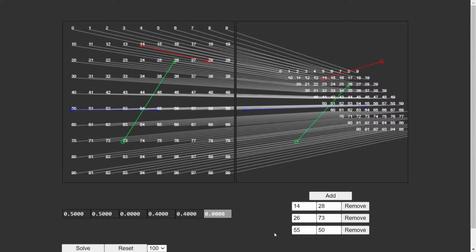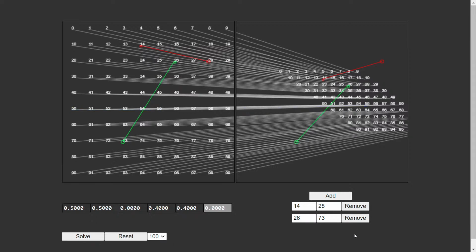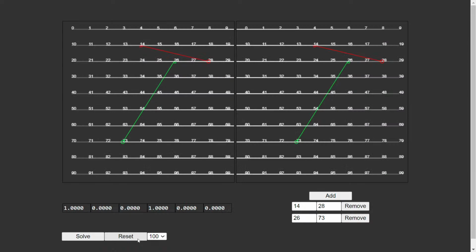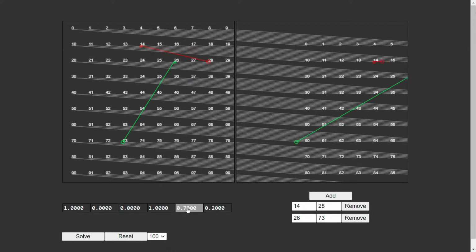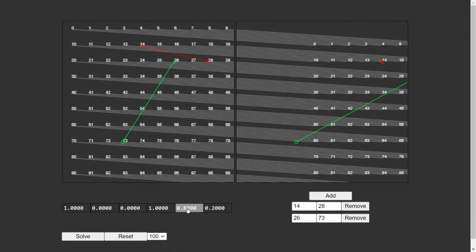Because in the case with 2 points, you can always fit one of them. So let's fit the red point. Okay, we've successfully fit the red point. And then you always have compensatory actions.